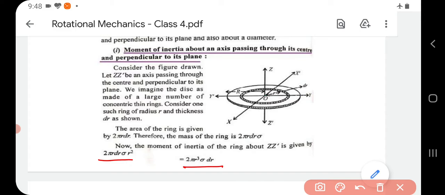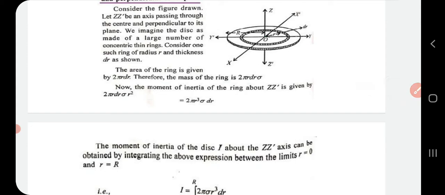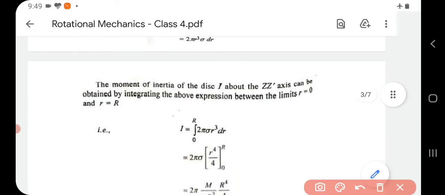Okay, that is the moment of inertia of the ring about z dash, that is about an axis passing through the center. Now that is the moment of inertia of a small element, that thin concentric ring. Now in order to find the moment of inertia of this circular disk, as I said, you have to integrate this from 0 to capital letter R. Why?